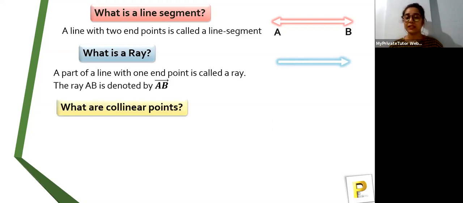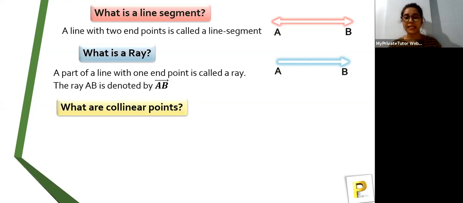If you see this AB, so AB is a ray. At the point A it starts, and you can extend it on the other side. On one side only we have an arrow, and that is called a ray. The ray AB is denoted by this symbol. You have to remember this.